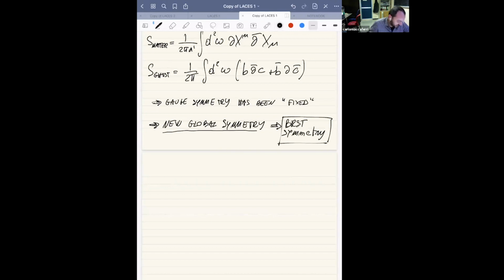Okay, and so this BRST symmetry looks pretty easy. It is a fermionic symmetry, in much the same way as the supersymmetry transformation that you saw this morning. So it's in some sense similar to a supersymmetry transformation.